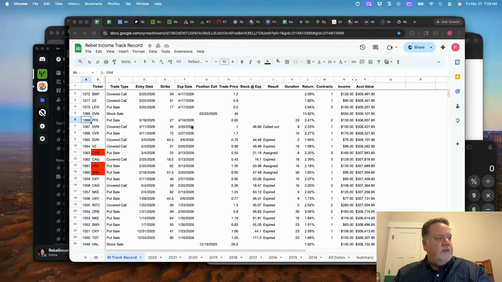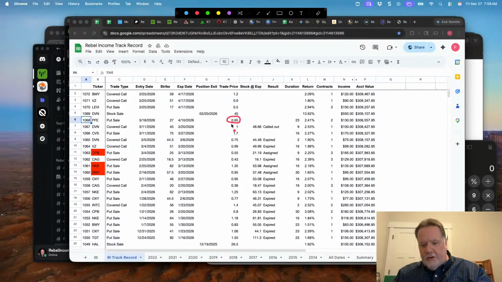But for me, this is also an opportunity to lower my overall net cost a little bit with some additional premium on it, but taking an assignment on Pfizer at 27 also gives me a way to average my net assignment price a little bit lower.